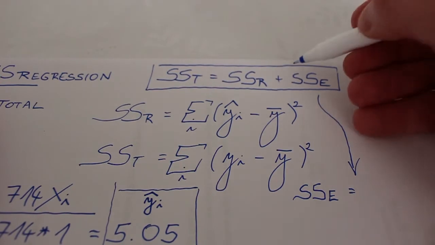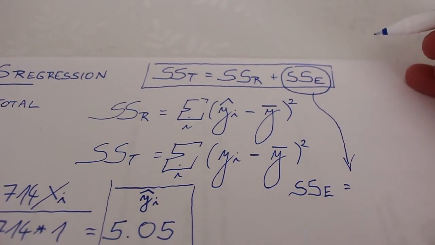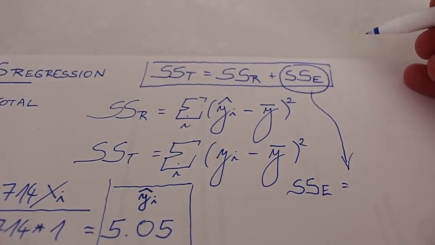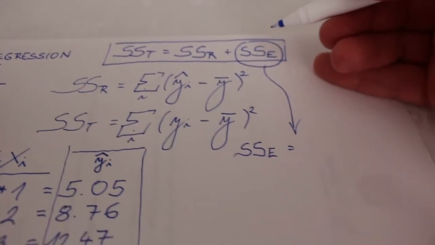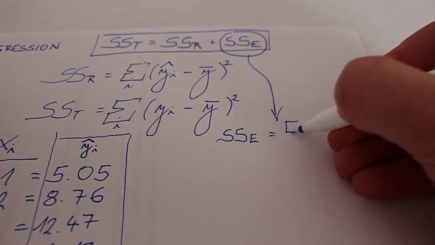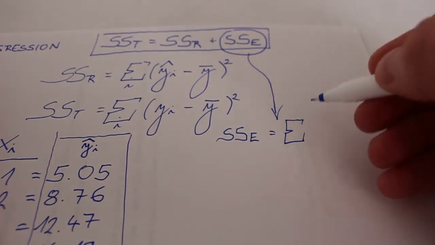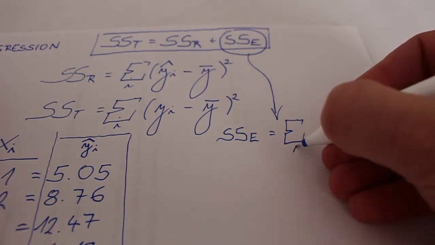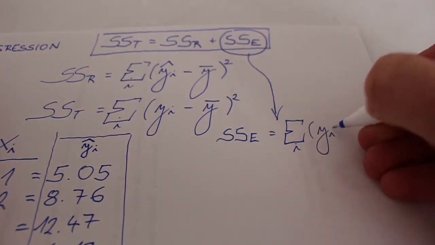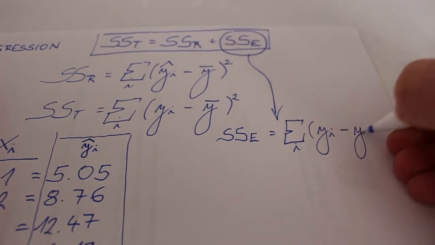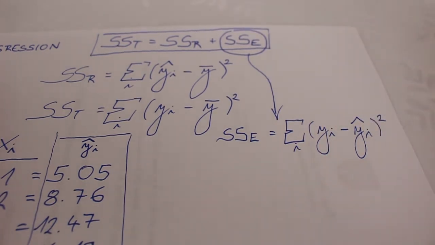But I will show you one bonus. This is not necessary for this example, to calculate the error sum of squares. But I will show this to you, for example, for purposes of some examination, because it's necessary to know how to solve this. Error sum of squares is calculated as the summation through all of y minus y with hat, in squares.